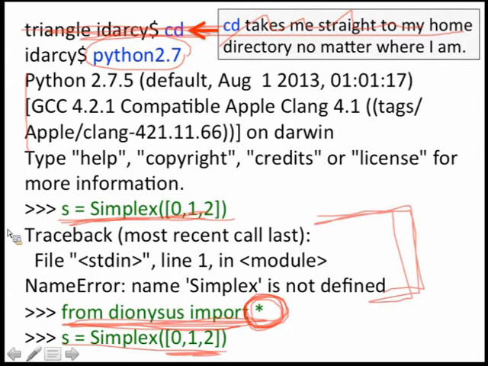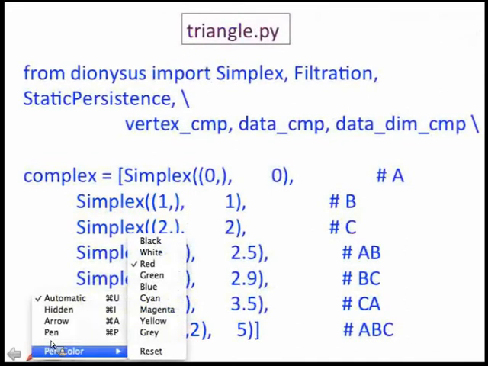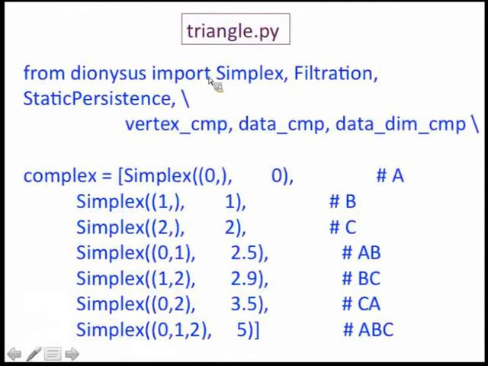We can run Python via command line, but I want to go back to this triangle.py. It's usually easier to write a Python program, and that way, if you want to modify it, you can just modify it within this file. You have everything in nice, neat, and easy to read. So this is the file triangle.py.